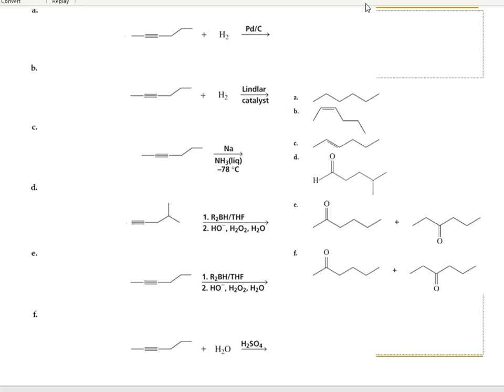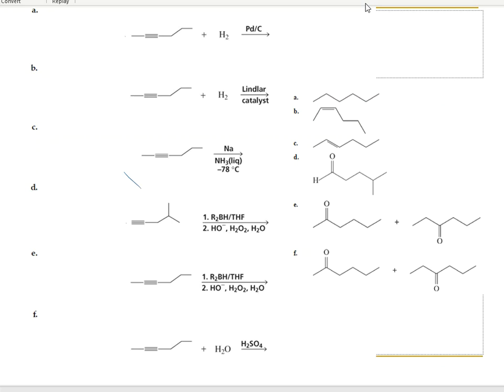So for part A, there's your hexane, drawn normally zigzaggedy. For part B, here is your molecule that is drawn in the cis formation. They don't even write the hydrogens up here at the top. They just leave those off. But they make it so that it curves around to give you the illusion that cis is there.